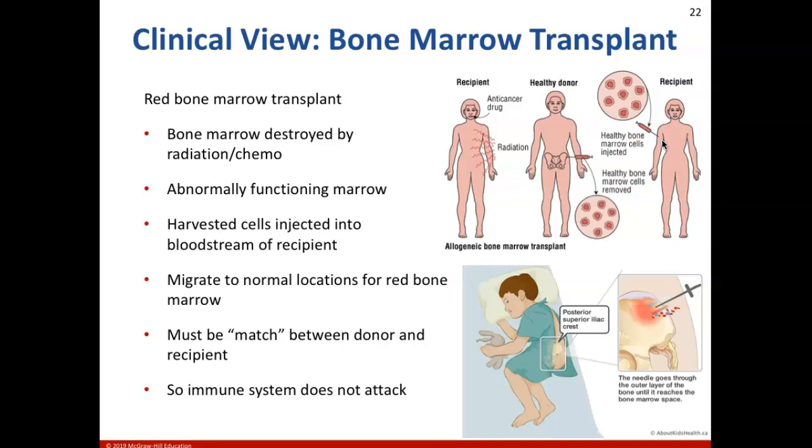These cells are going to migrate to normal locations for red bone marrow and will hopefully regenerate the bone marrow cells that we need, so any of our blood cells.